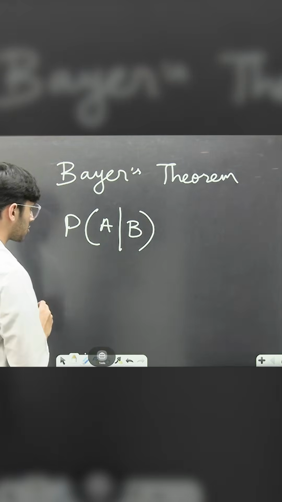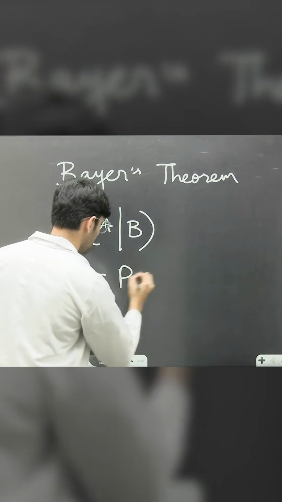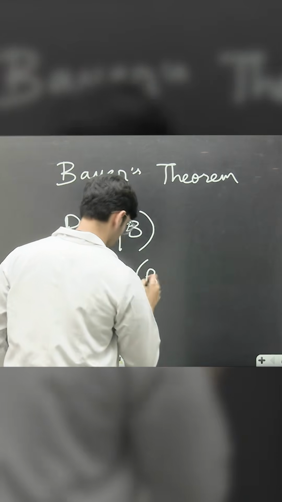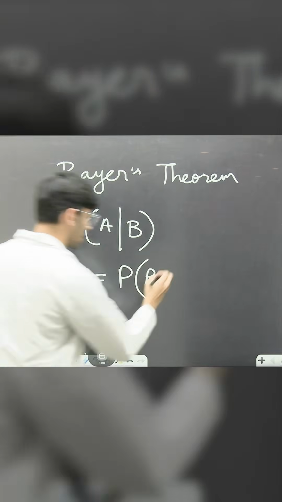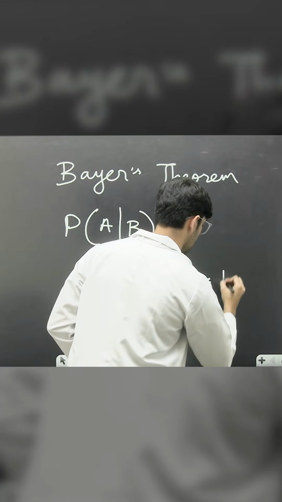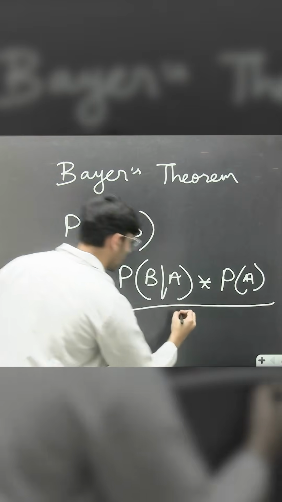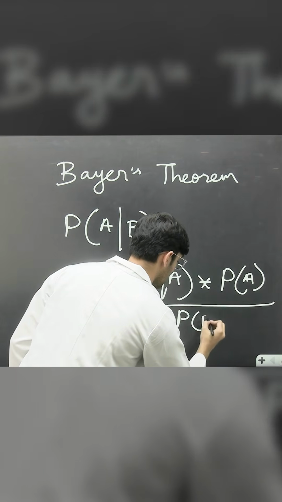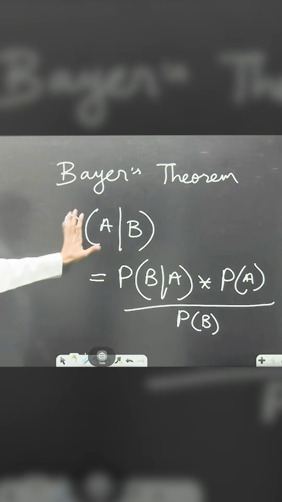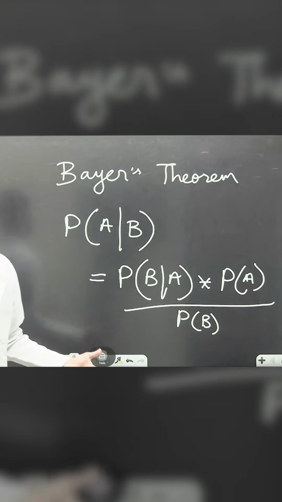If I wanted to calculate the probability of B given that A has occurred, I'm going to be multiplying it with the probability of event A divided by the probability of event B. This is what the whole Bayes theorem states, and this is what the whole naive Bayes algorithm uses.